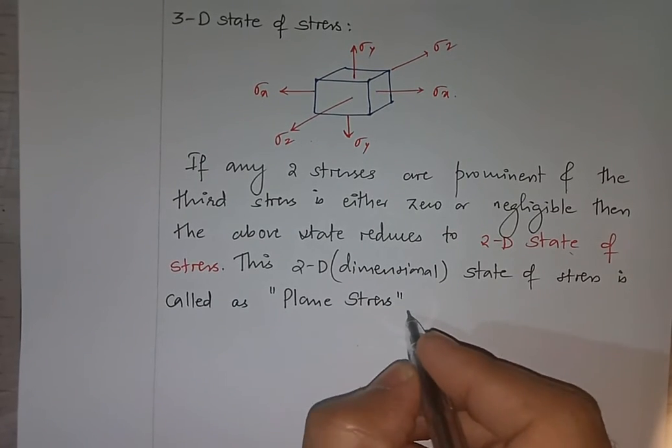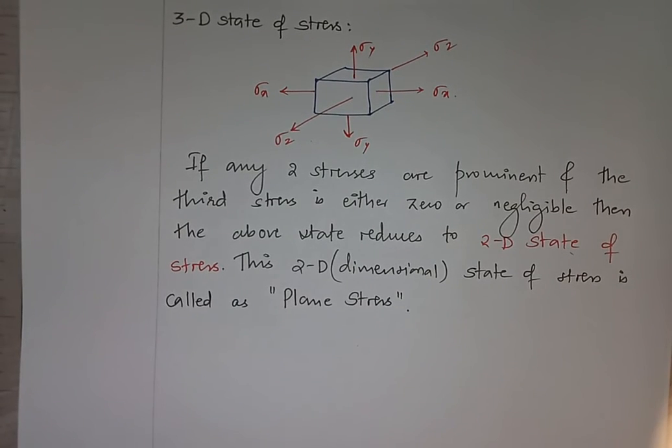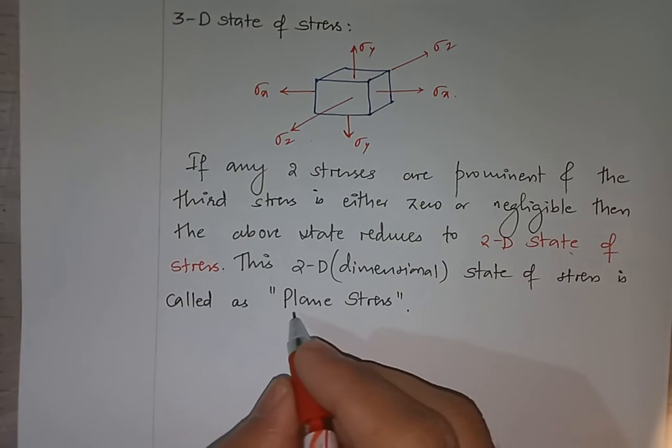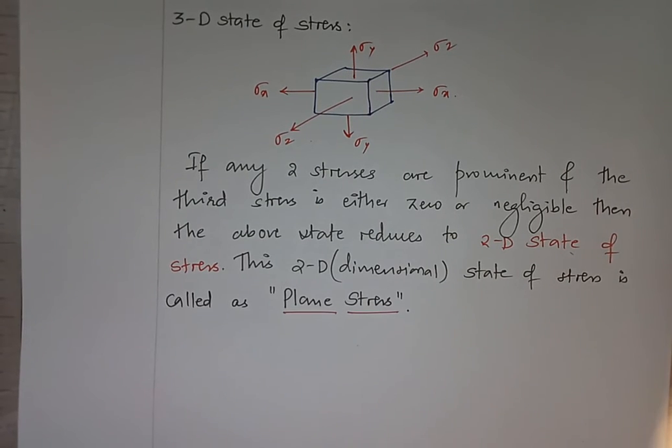Right, so this is important. So if you are having a three-dimensional state of stress, if any of them is 0 or negligible and the other two are prominent, then the resulting state will be two-dimensional state, also called as plane stress.